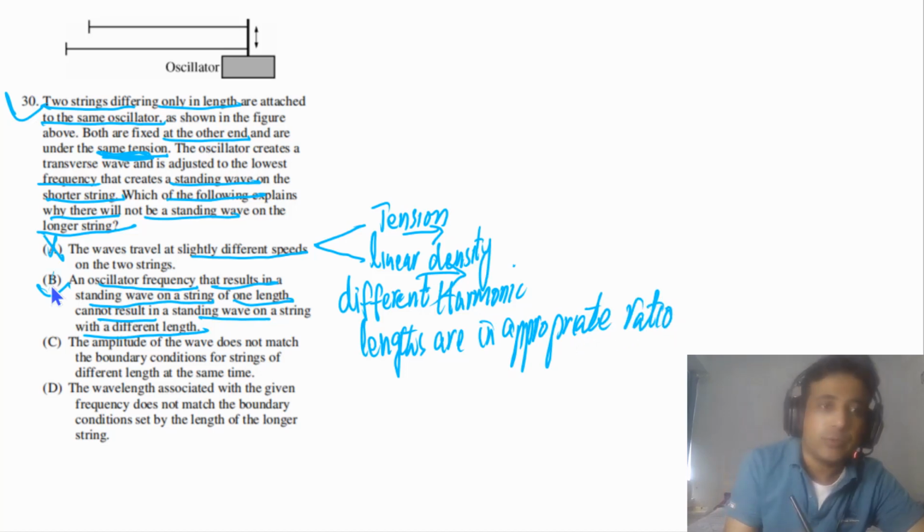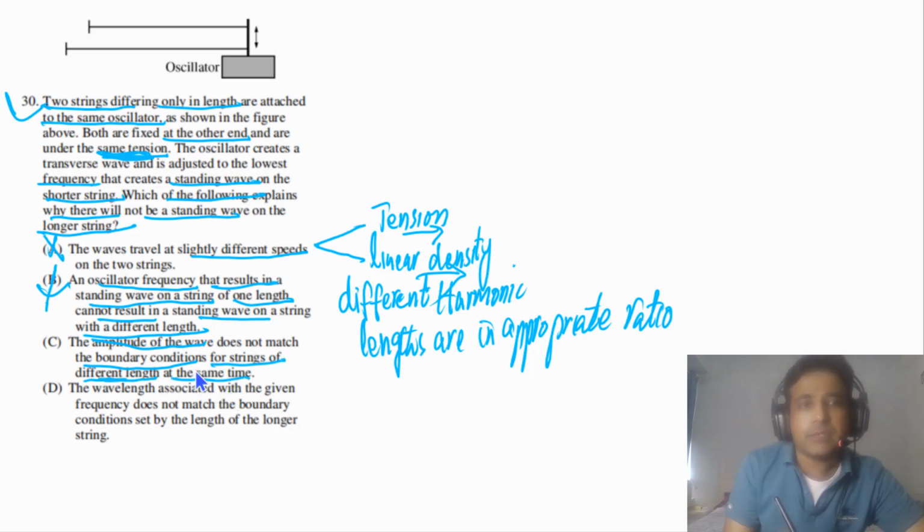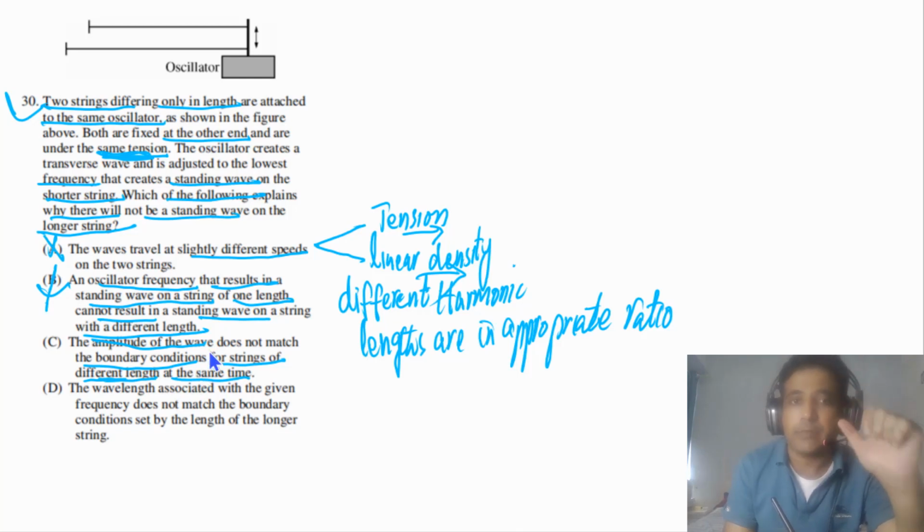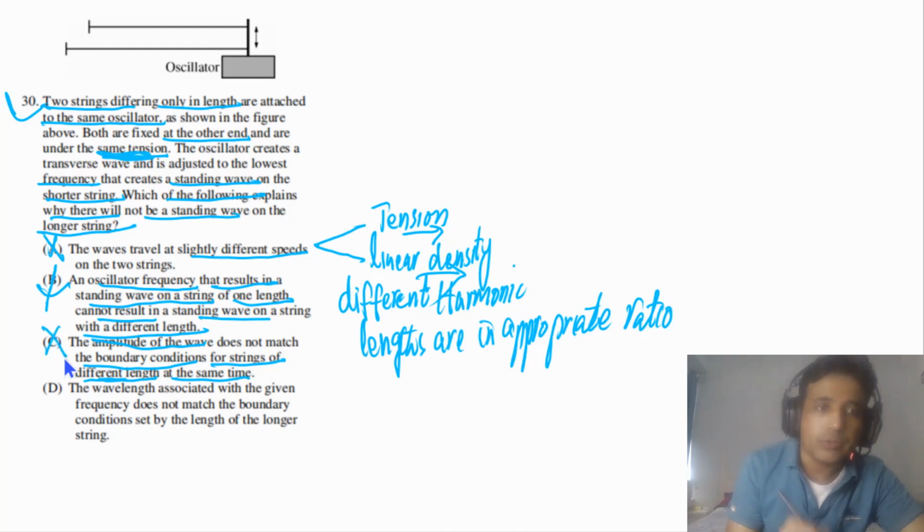So this is also incorrect. Option C, the amplitude of the wave does not match the boundary conditions for strings of different length at the same time. This is also not correct, because amplitude only affects the height of the resultant standing wave. So this option is also incorrect.